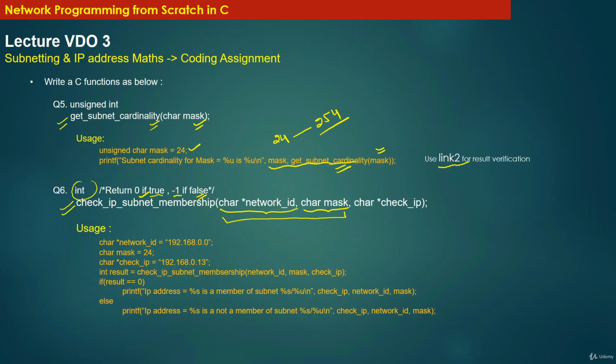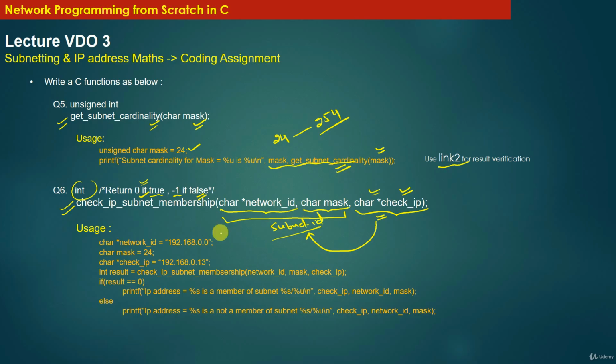So first and second argument to the function forms the subnet ID, right? And the last argument to this function is the IP address, and this function should check the membership of this IP address into this subnet. So it should return 0 if the IP address is a member of this subnet, and it should return -1 if this IP address is not a member of this subnet.